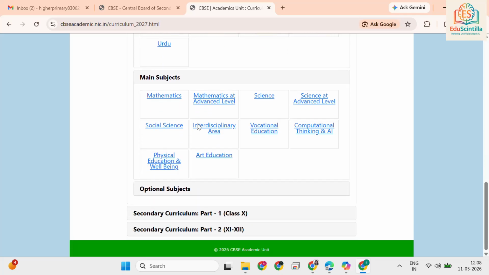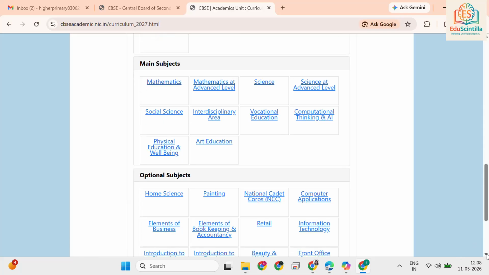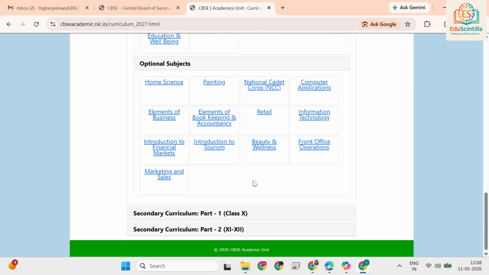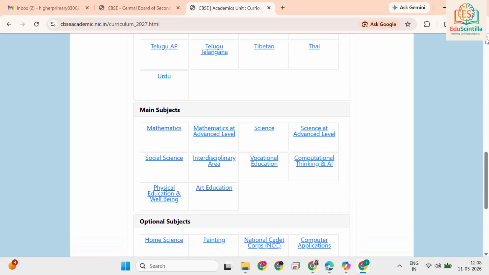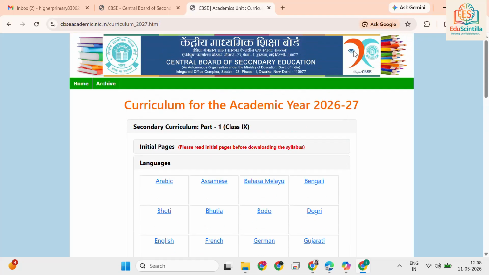Then if you click on main subject, you will get all the main subject curriculum available in this portal. Then optional subjects, where you have many optional subjects, so whichever is applicable to you, you can click on it and you will get the details, and kindly go through and prepare well yourself.